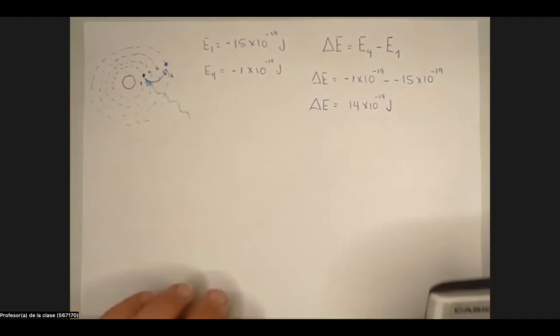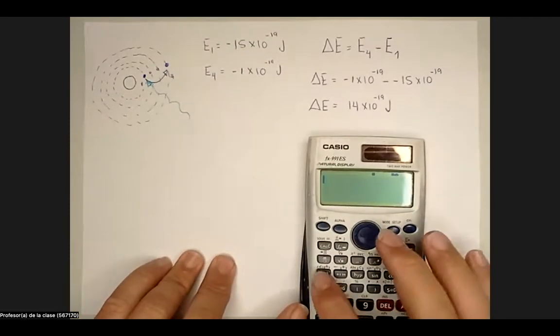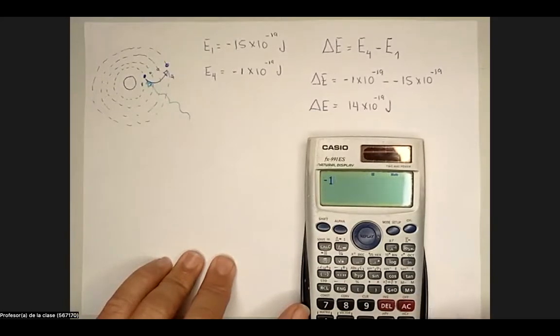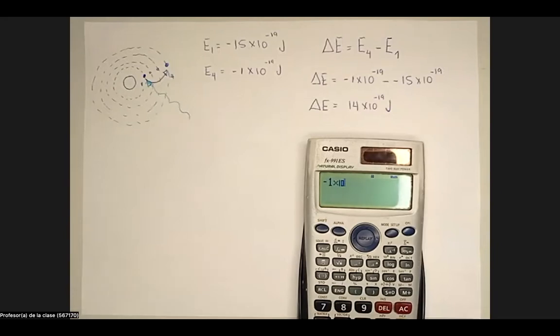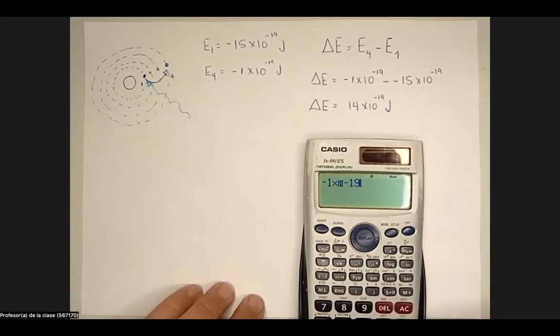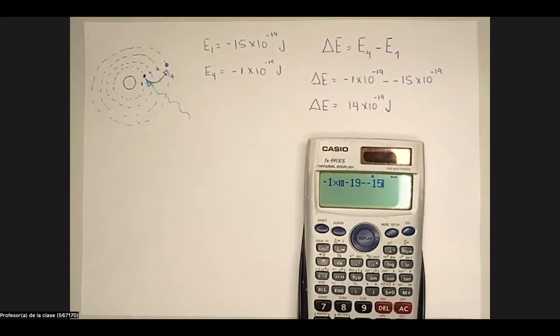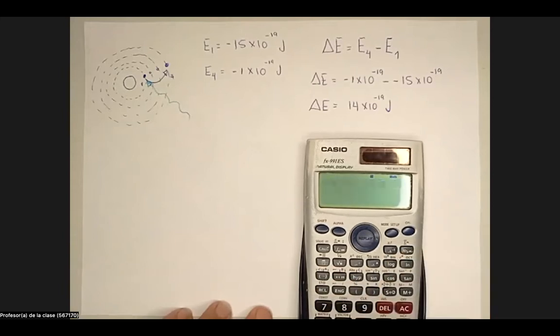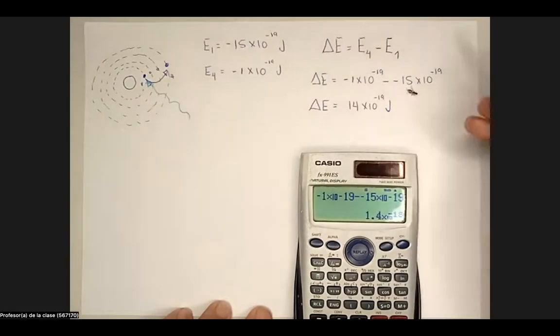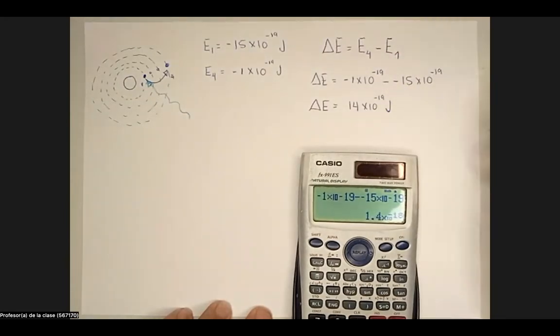And remember, you can do this on your calculator. So minus 1 by 10 to the minus 19 minus 15 by 10 to the minus 19 exponent, okay? And remember the scientific notation.